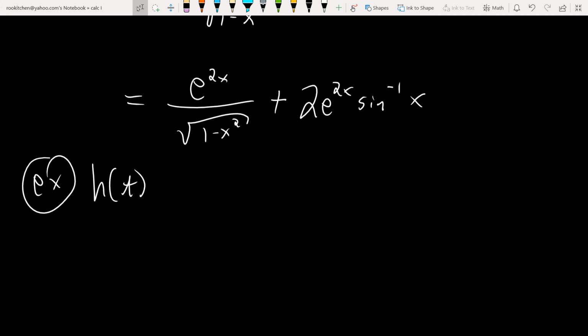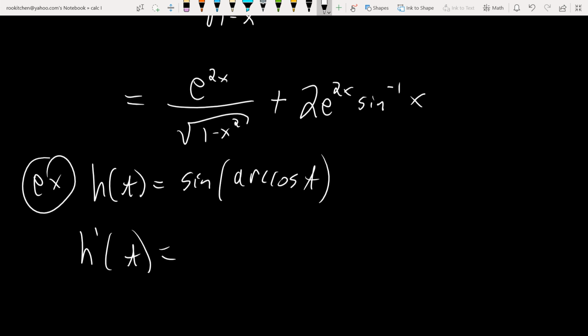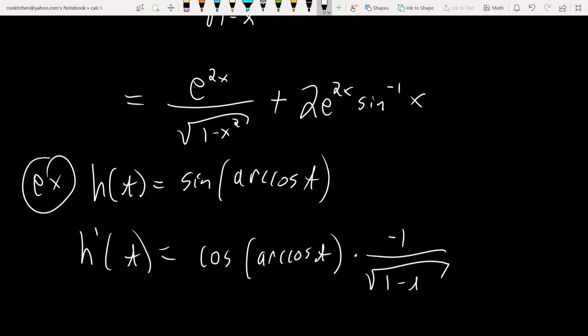h of t equals sine of arc cosine of t. So chain rule: h prime of t is cosine, the derivative of the outer part, of arc cosine of t, times the derivative of the guts, right? So that would be negative 1 all over the square root of 1 minus t squared.